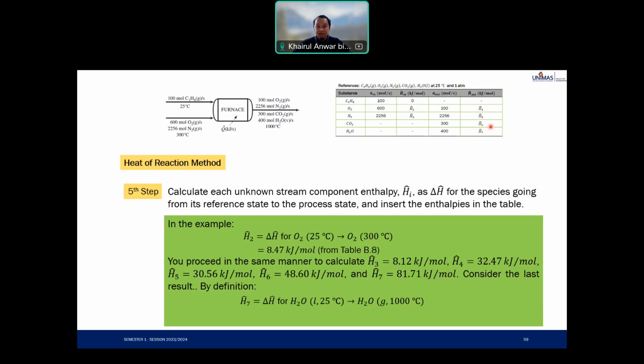What else? Carbon dioxide at 1000 degrees C as well is 48.6. H7 is water. Water is also included in Table B8. At 1000 degrees C, it's 37.69.